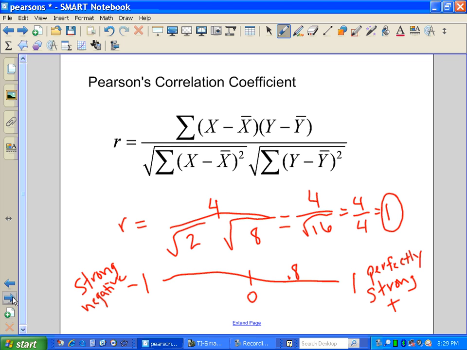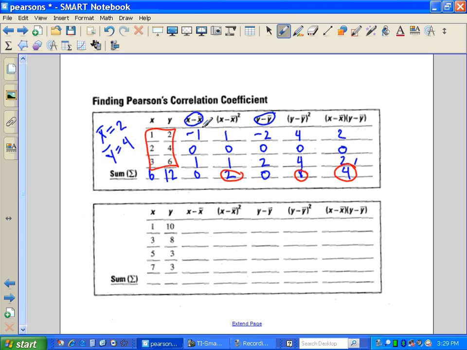Well, this formula is pretty involved, though. If you go back to looking at this whole chart, that was probably a little confusing for you. If we had 4 pieces of data, it's that much more involved. If we want to use the data from the very beginning of the baby's heights and their age, that's a lot more data, and it probably isn't going to work out as neatly as these numbers did with nice whole numbers.